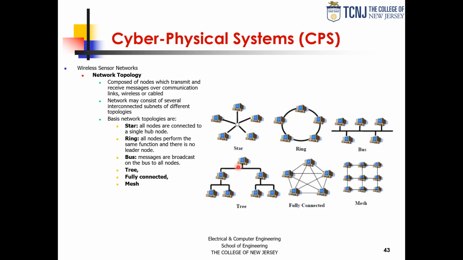Then you have the tree topology. Again, it simplifies the connectivity in the sense that each entity connects to three: a peer, the one that is at the top of the tree, and two at the bottom of the tree. So in that sense, it simplifies the connectivity.